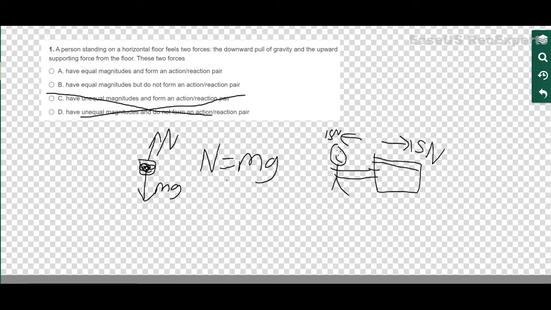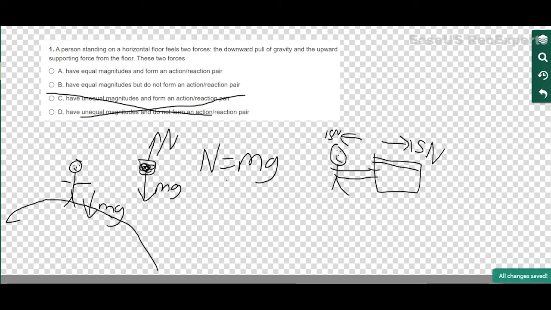So in this case, gravity is exerting the force on the person. The reaction force for this would not be normal force, it would be the person's gravitational pull on the earth. So we've got the earth here, pretty small earth, but the force of gravity is mg. That's what the earth is doing to him or her.